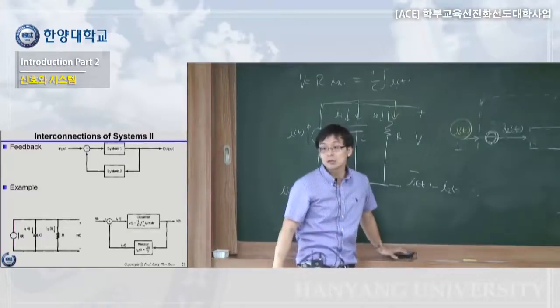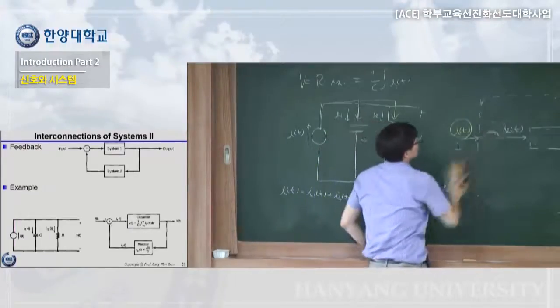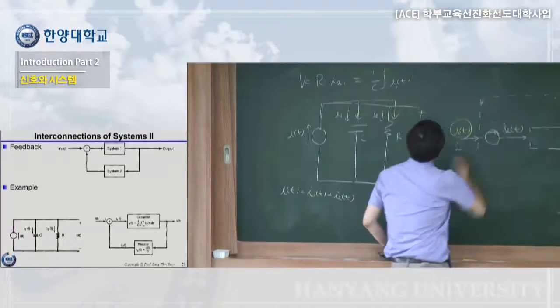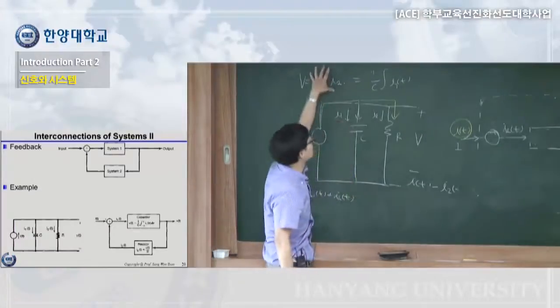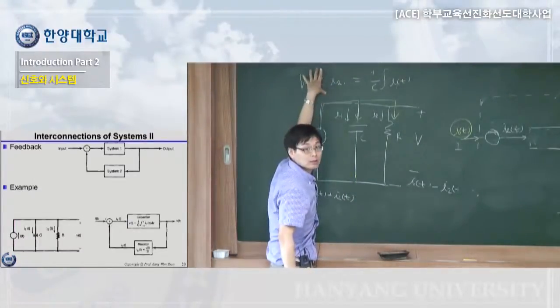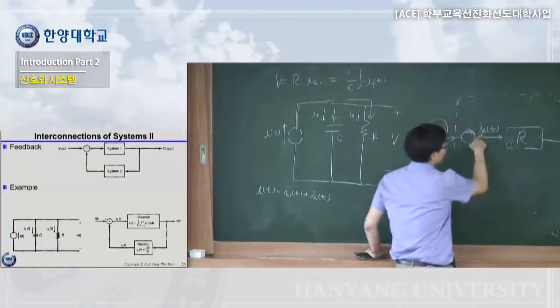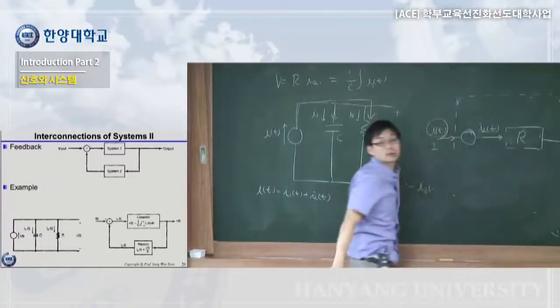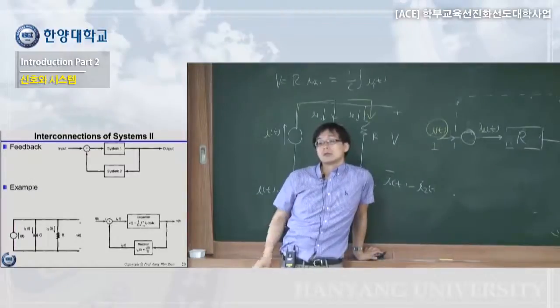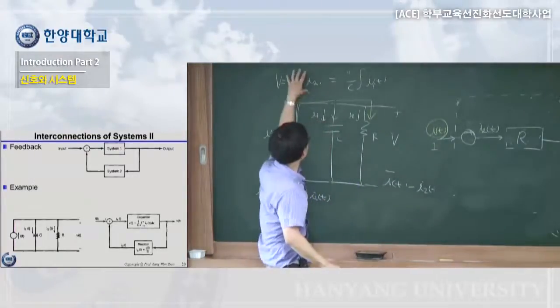Assume that we have this I2, right? Then how we define the output? Using this. So this box becomes R. I2 times R becomes V output, right? So that's one line you can make it.